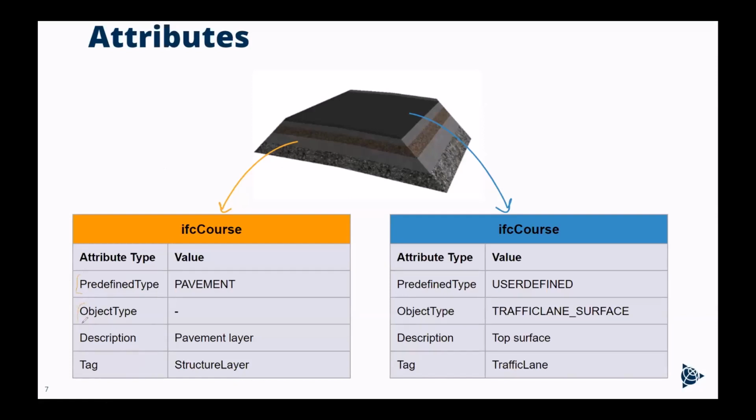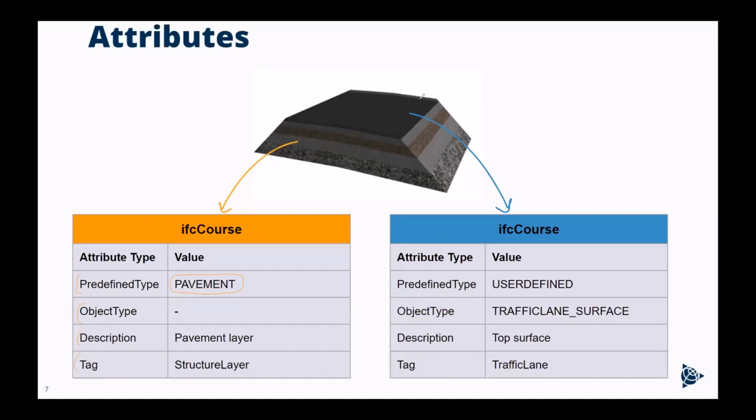We have an object type, description, and tag, and of course a name. In this case, when we have, for example, this layer, it's the IFC course with predefined type pavement. So when we have a predefined type, we don't need to set object type. We can set, of course, description and tag.